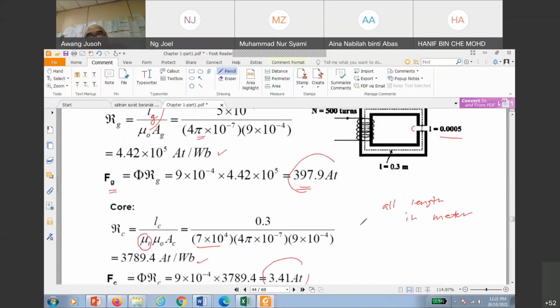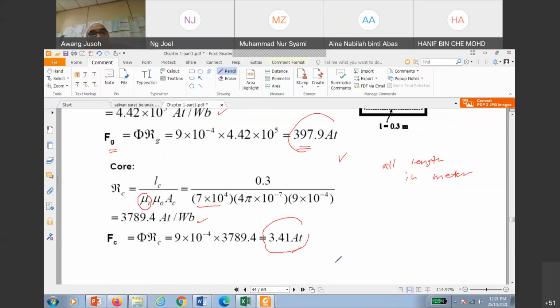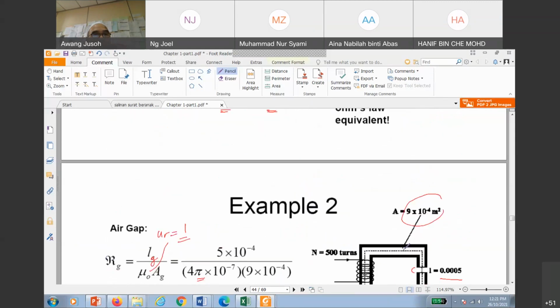Later on, we can do that. But for the time being, we just follow the lecture first. We know how to calculate the air gap MMF and the MMF at the core, and you can see the comparison between these two. That's how we find the values.